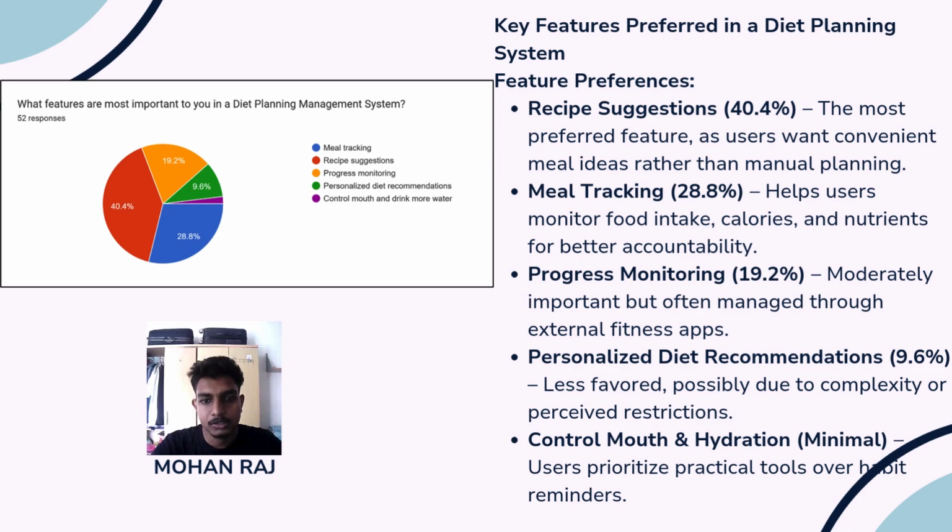And 19.2% voted for progress monitoring. This is important but often managed through an internal fitness app. And 9.6% voted for personalized diet recommendations. This is less favored possibly due to complexity or dietary restrictions. And the last one is control portion and hydration reminders. Users prioritize practical tools over other reminders.